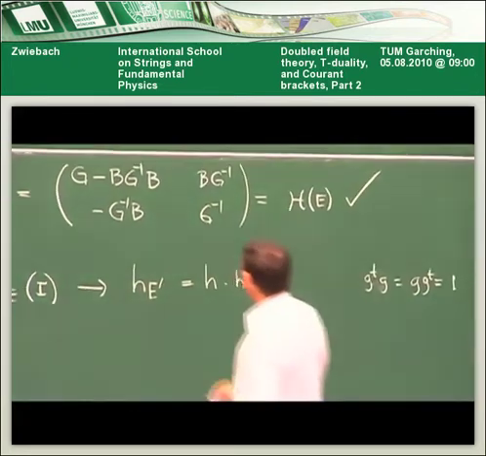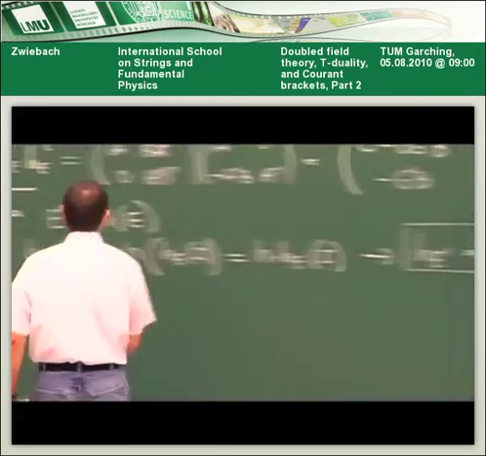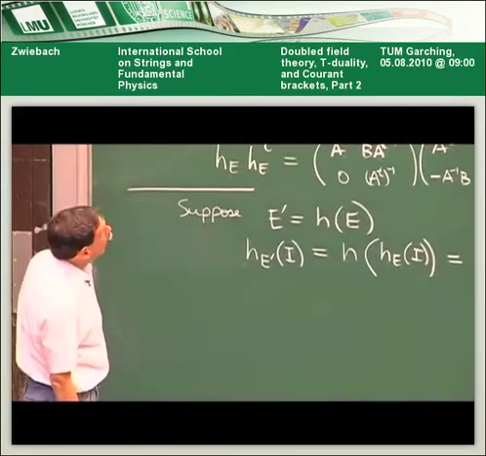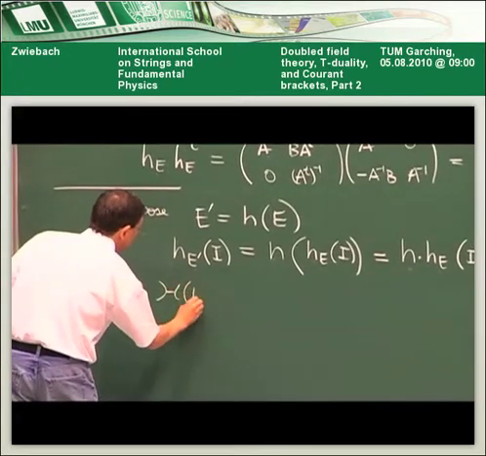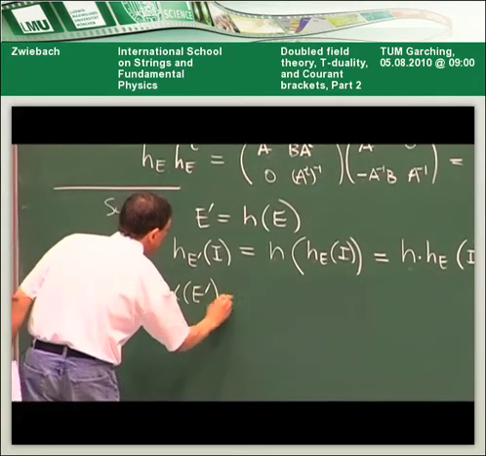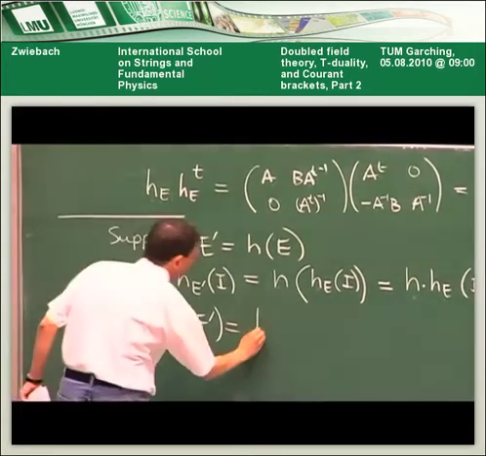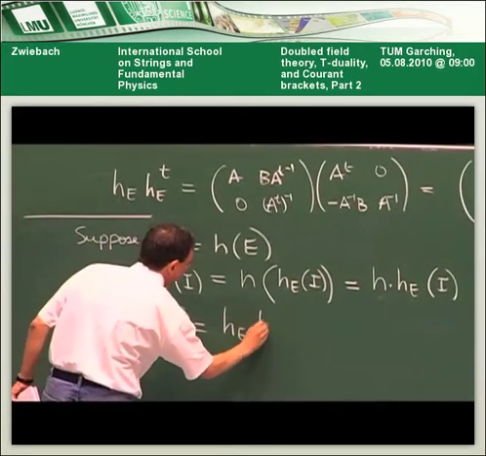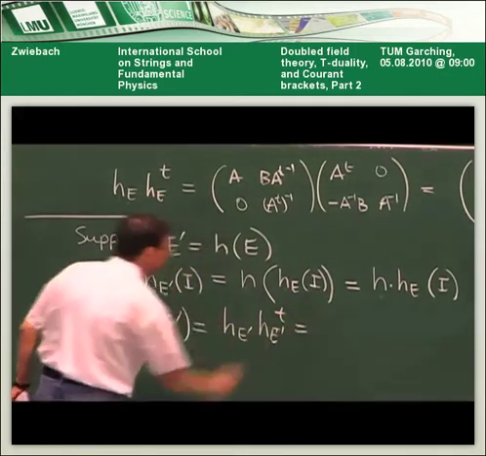So this is what we've learned. So now we can finally do this. H of E prime, because of this property, is equal to HE prime transpose.